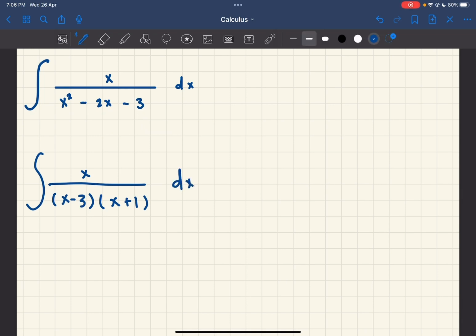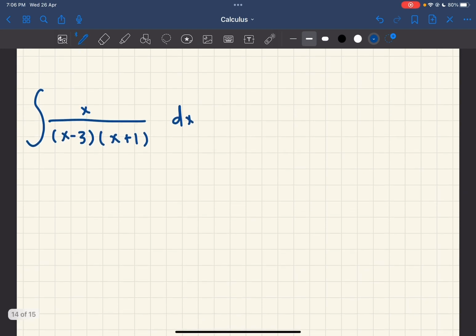Now that we have that, we want to write one partial fraction for each of the factors in the denominator. So basically, we're going to rewrite x over x minus 3, x plus 1.